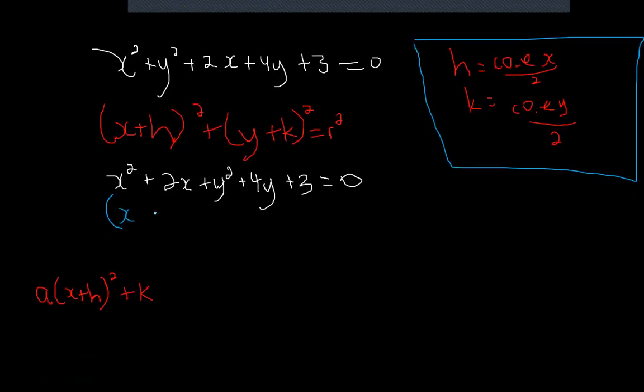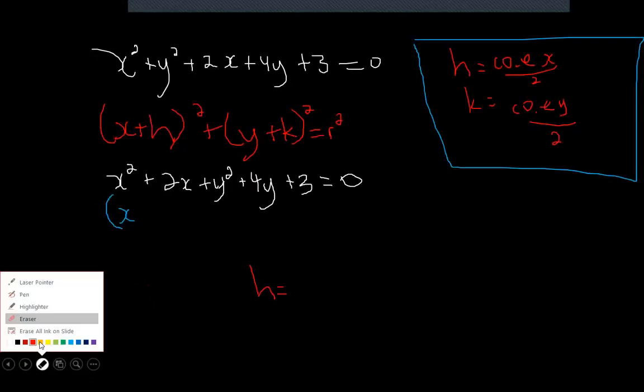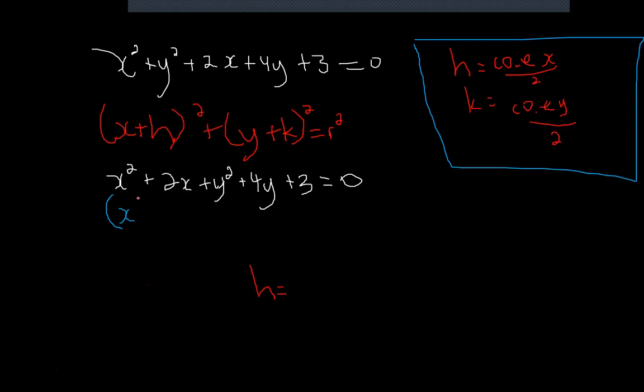I put in all the formulas that you have to know in red there. H is not minus b. This is why I think you would prefer the other one, but just in case you prefer this one, I showed you how to write this general form in the standard form.